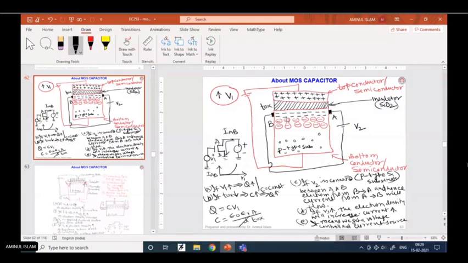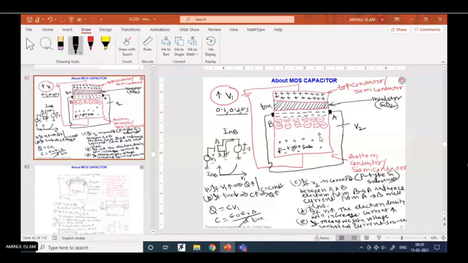See, initially, say V1 is around 0.1 volt, 0.2 volt, 0.3 volt, such a small value. Between A and B, these two terminals, you have applied 0.3, 0.4, whatever smaller voltage, or 1 volt.